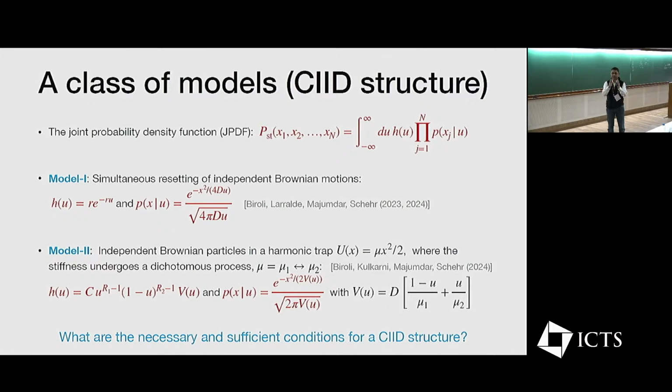It stays at mu1 for a time drawn from an exponential distribution, then shifts to mu2, stays there for a time tau drawn from an exponential distribution, and shifts back to mu1. You keep shifting between mu1 and mu2, and this simultaneous drive creates a CIID structure which looks like that, where H of u and P of u are given by that.